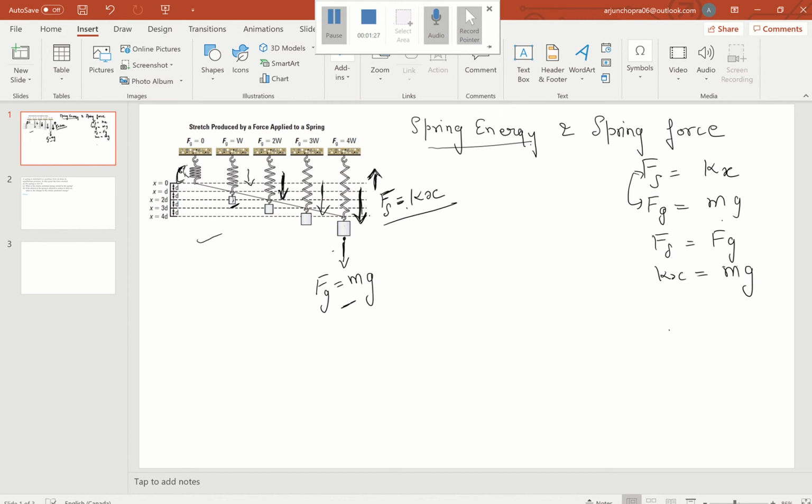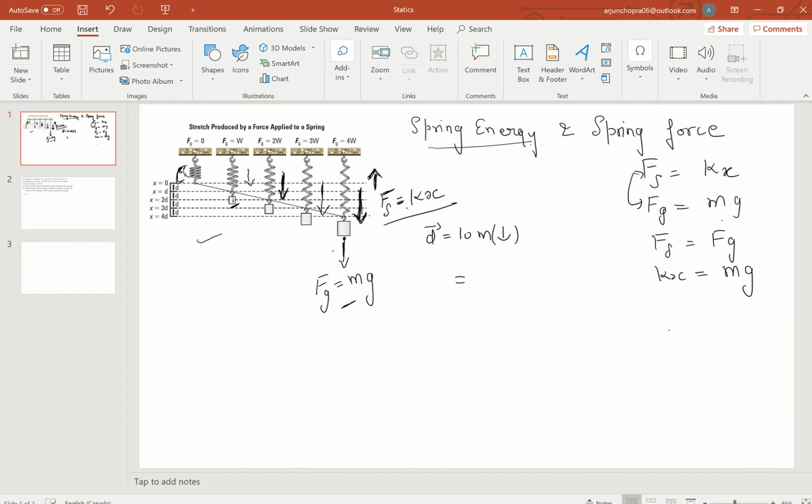So let's say the displacement of the spring in this case is negative. I'm going to take an example. Displacement of the spring is 10 meters, and because it is acting in the downward direction, I'm going to use the negative sign. So displacement becomes negative 10 meters.